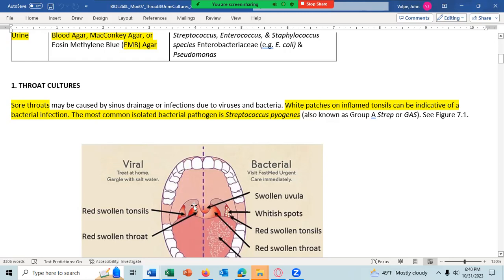The most common isolated bacterial pathogen in a bacterial throat infection is Streptococcus pyogenes, which has other names such as group A strep and GAS. I don't use those other names. I use the scientific name where you're actually naming the species.